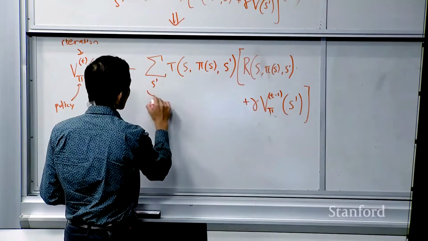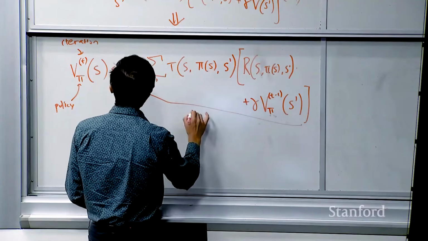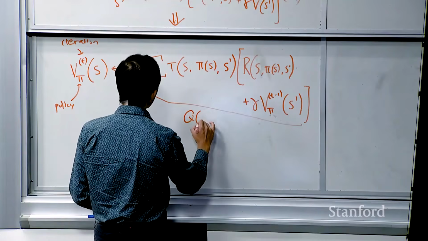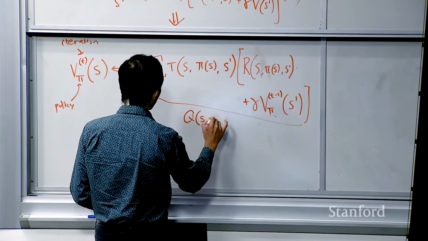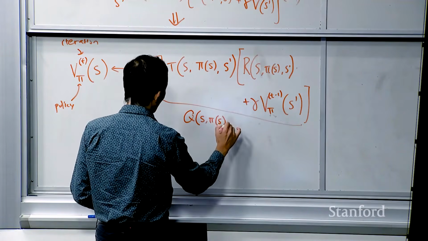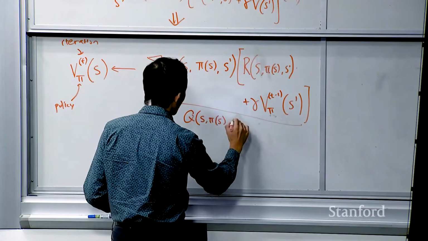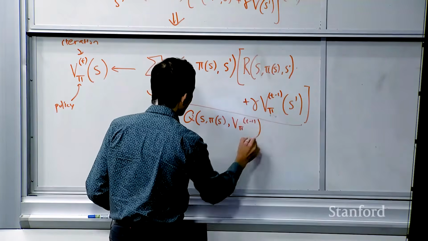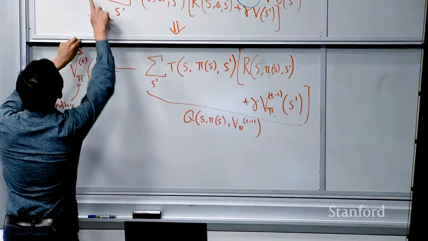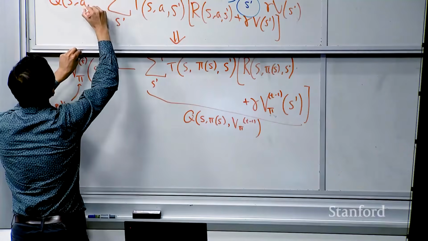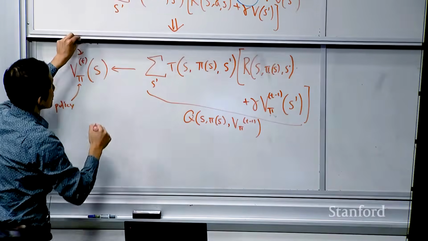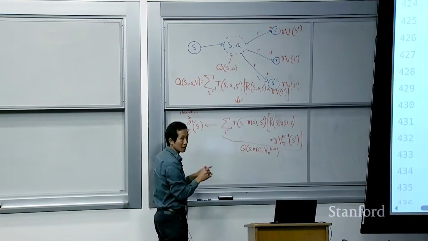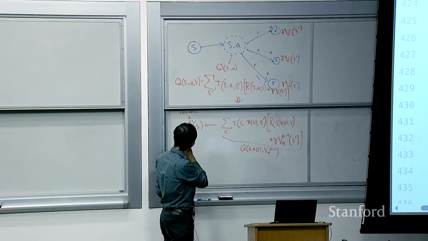And this quantity here is Q of S, pi of S. And using the notation I had, I'm putting in V pi of t minus 1 here. So to make things explicit, I'm going to change that. Okay?